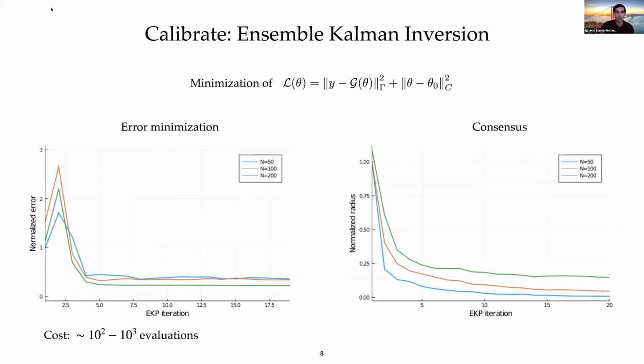On the right-hand side, I'm also showing that in ensemble methods, all the particles in our ensemble converge towards the map. Here I'm showing the radius of a minimum volume sphere that contains all of our ensemble points in parameter space, and we can see that those particles are reaching a consensus.